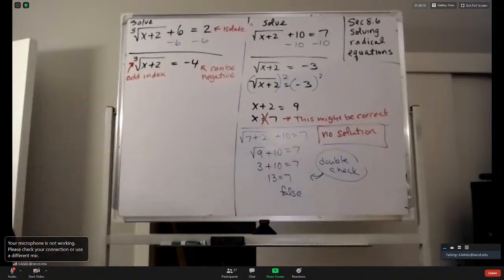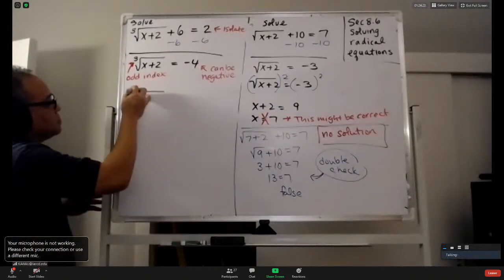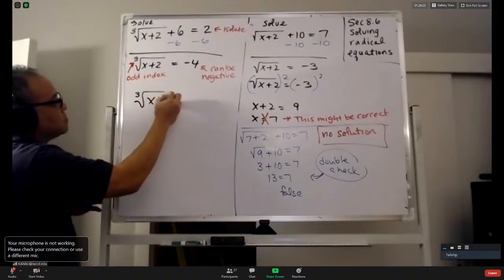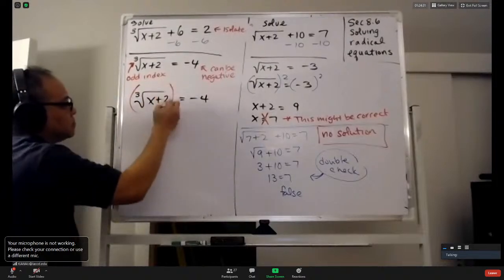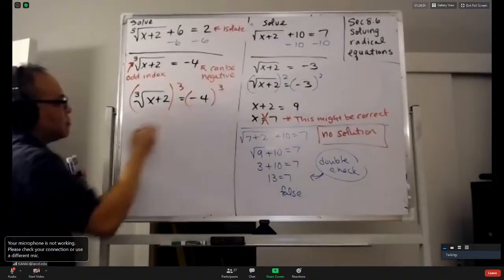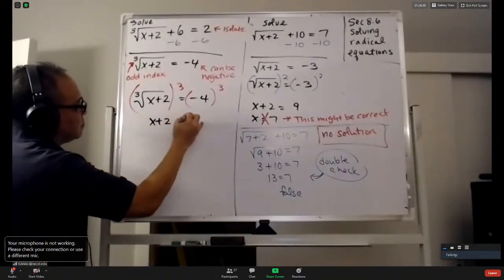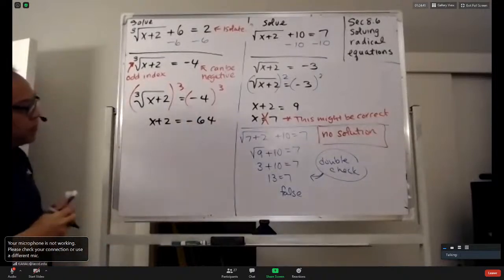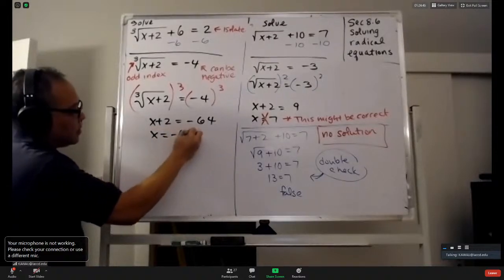So now cube both sides. Okay. So then we have x is equal to -66.